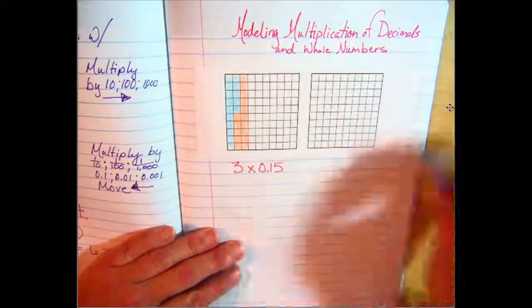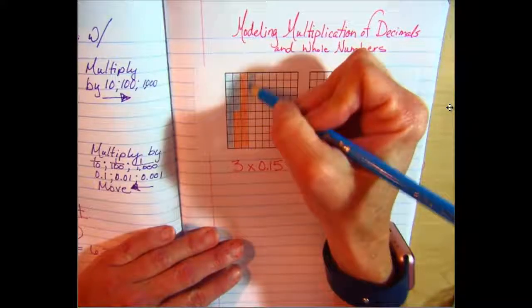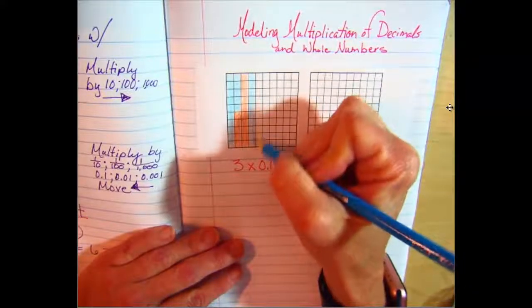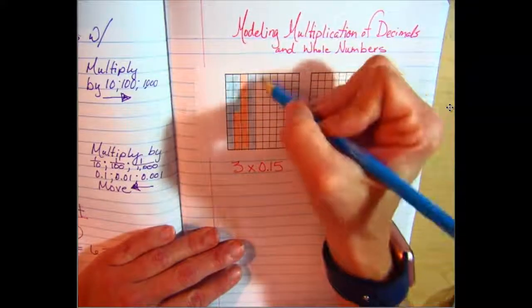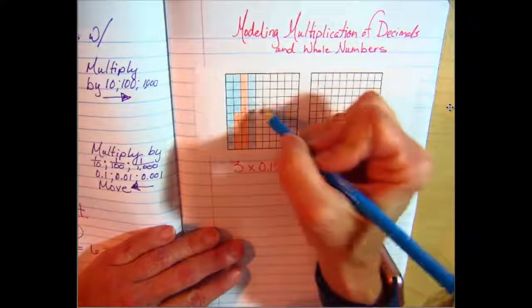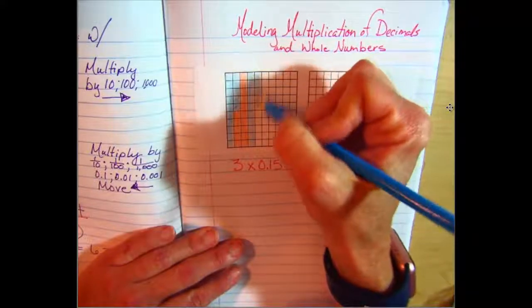I'm going to switch back to my first color and color a column. This is 10. And if you want to do the dots and counting, 1, 2, 3, 4, 5, that's a strategy that can help you.